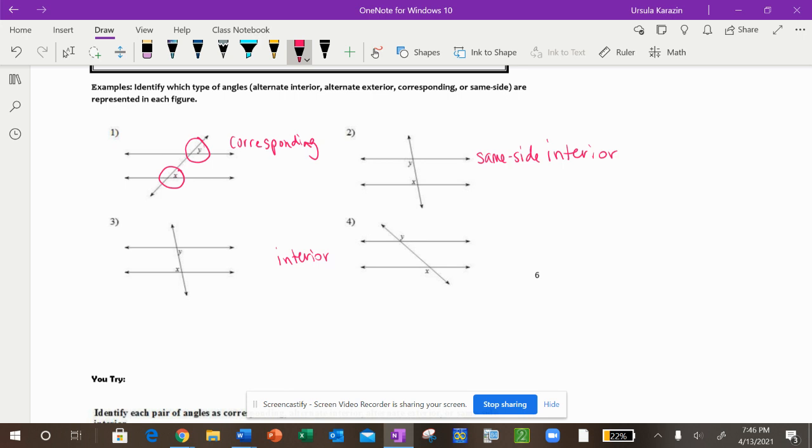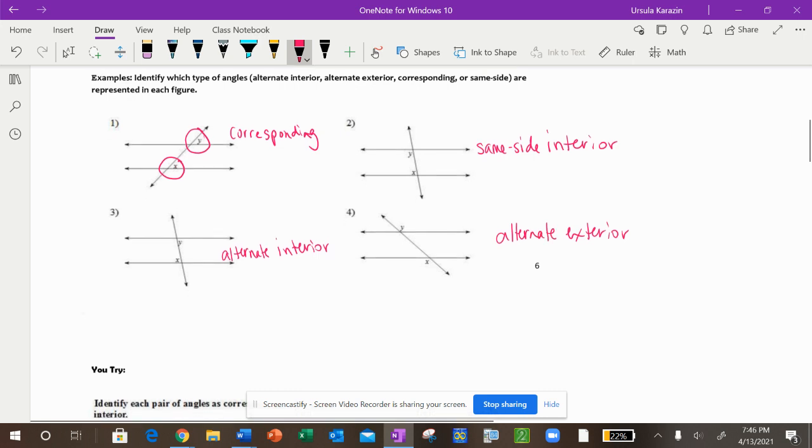Well, X is on the left and Y is on the right, so that's opposite, and the word for opposite is alternate. Number four, they're exterior, and they are on opposite sides of the transversal, so they're alternate exterior.